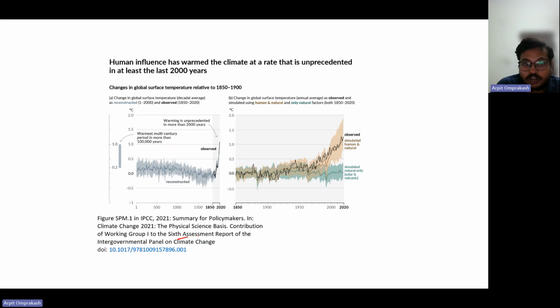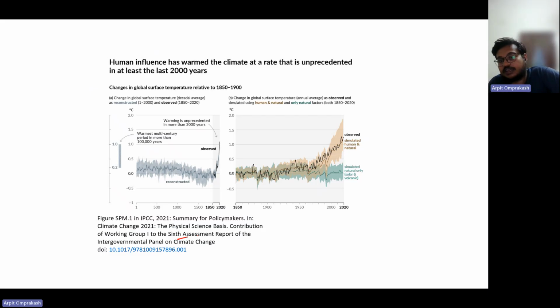After a while, there's a dip, right around 1500. There's a dip, which is called the mini ice age. Then from this period of 1850 to 2020, there's a high rise in the observed temperature of the globe. Right. So there's unprecedented warming in more than 2000 years. In 2000 years, this has not happened, but it has happened in the span of these 150, 200 years. Right.